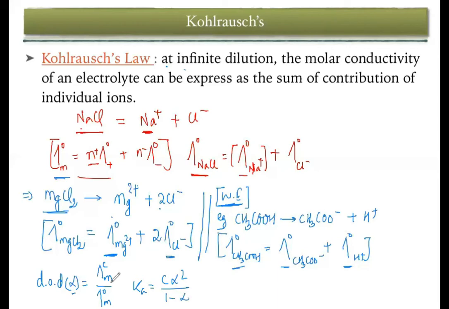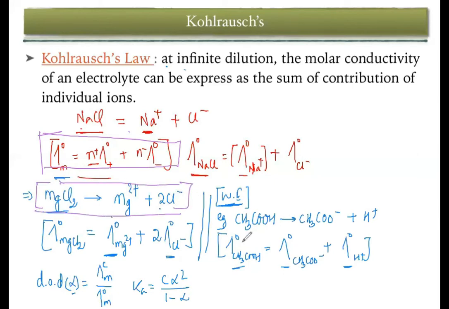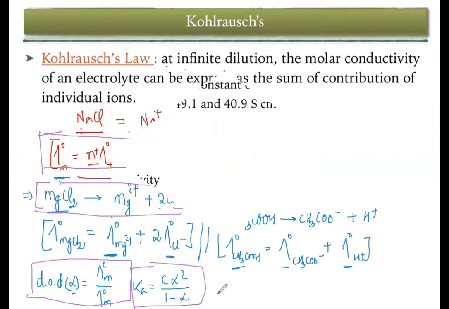These two expressions are also used in the formula. Now the take home message is, we have to remember this formula to find out the molar conductivity at infinite dilution, how to write molar conductivity for strong and weak electrolytes, how the degree of dissociation is related with molar conductivity, and using that molar conductivity, how it is related with the acid dissociation constant.